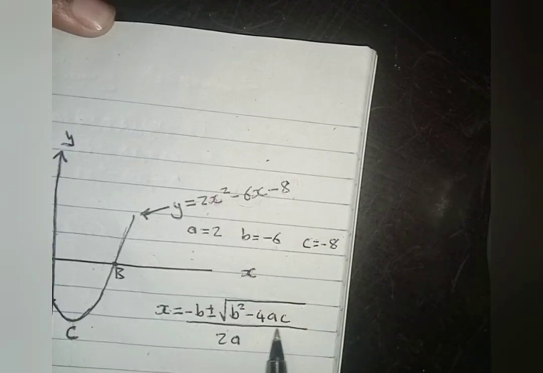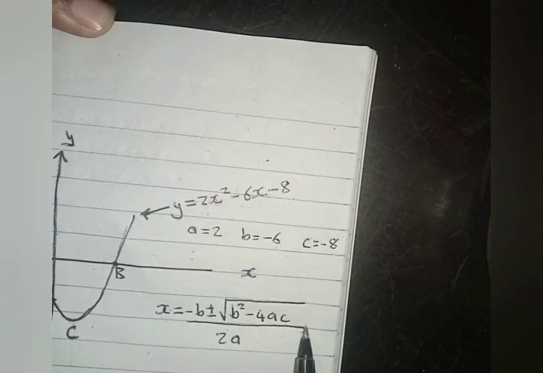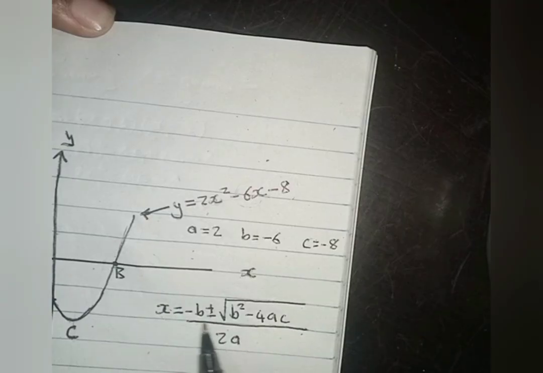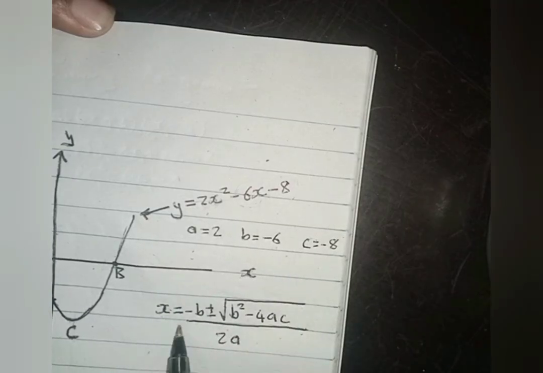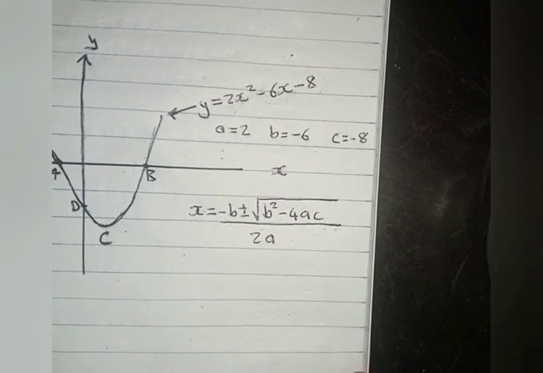So you can see from this formula, we can just do the substitution. Where there's a in this formula, we replace 2, since our a is 2. Then where there's b, we replace negative 6. Where there's a c, we replace negative 8. So let us do that.